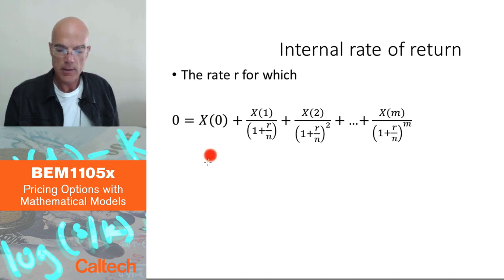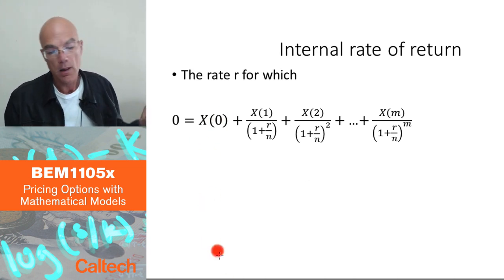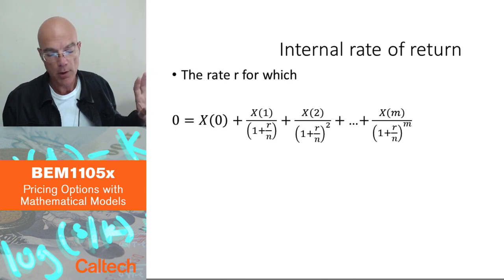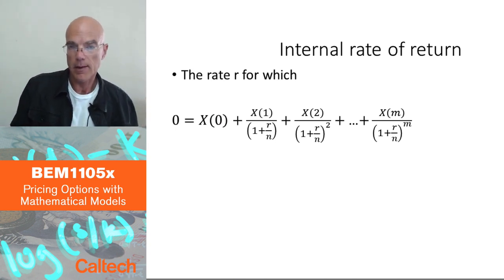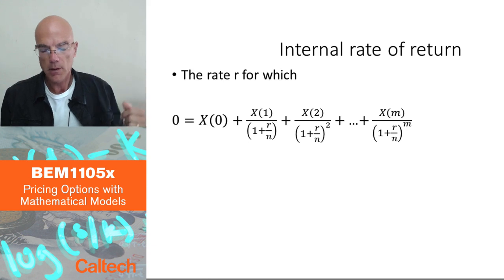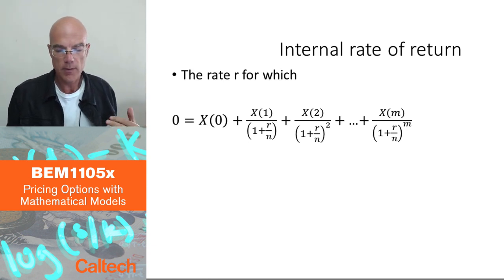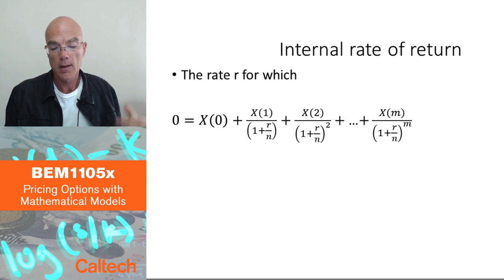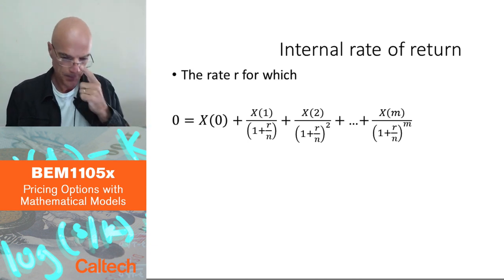Think of x0 as the initial investment into some project. As a payment, it's negative because you have to pay that. And think of x1, x2, up to xm as being positive. So for this investment today of x0, you get x1, x2 to xm in the future.